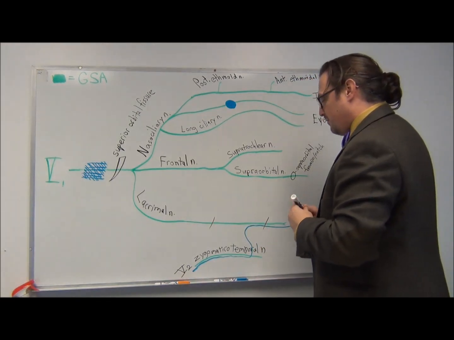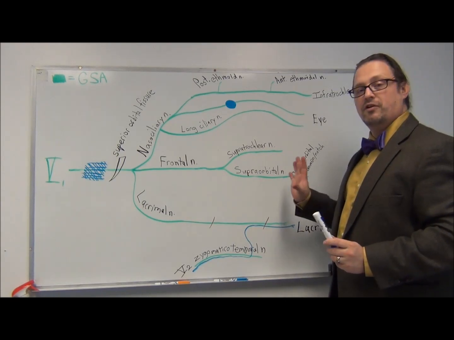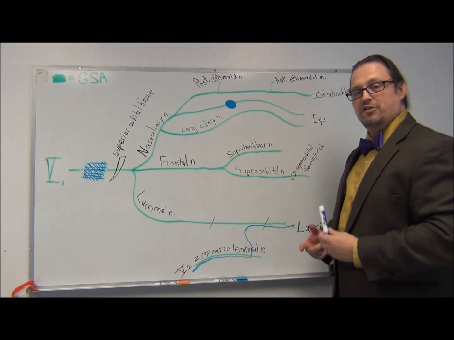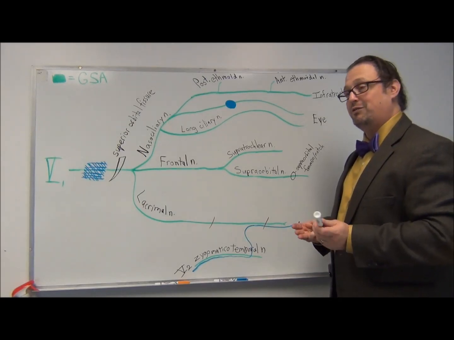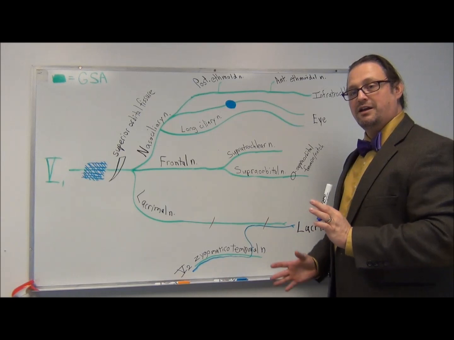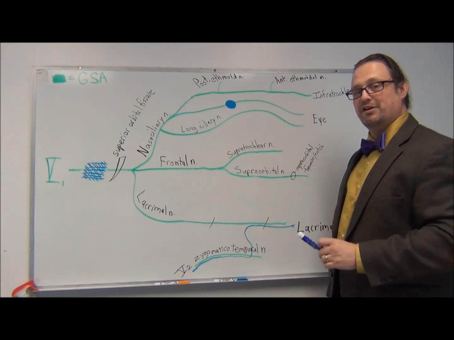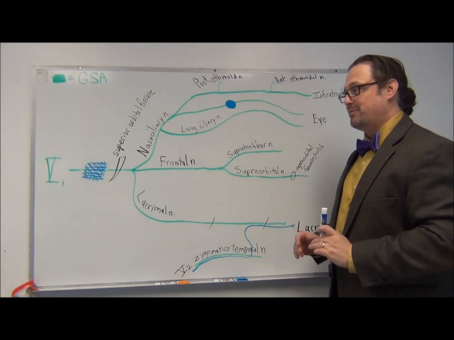And one thing to know about postsynaptic parasympathetic nerves is that they always get where they're going by jumping on a branch of the trigeminal. So even though cranial nerves 3, 7, 9, and 10 contain presynaptic parasympathetics, the postsynaptic parasympathetics for 3, 7, and 9 all get where they're going by jumping on trigeminal branches.